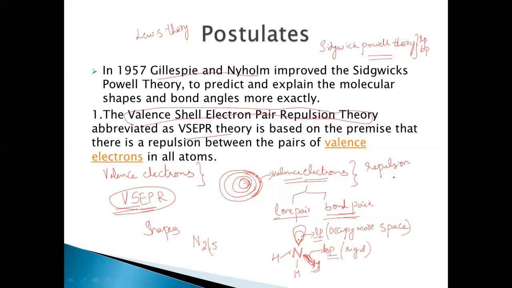So based on these repulsions between these electrons, whether they are lone pairs or bond pairs, the shapes of the molecules are decided. So this theory is all about the repulsions between the electrons present in the valence shell. I repeat it, it's very important. The theory is based on the repulsions between these valence electrons of an atom, right?